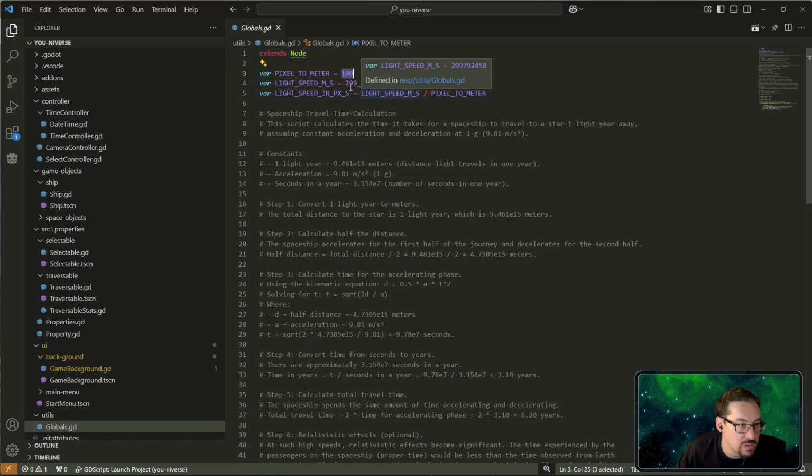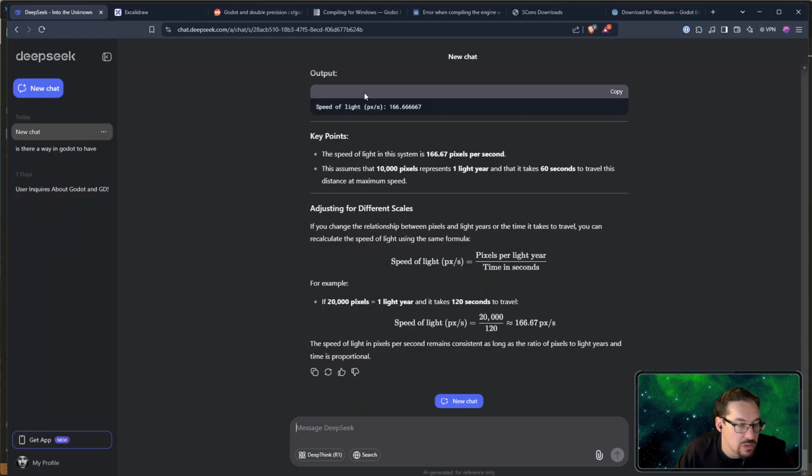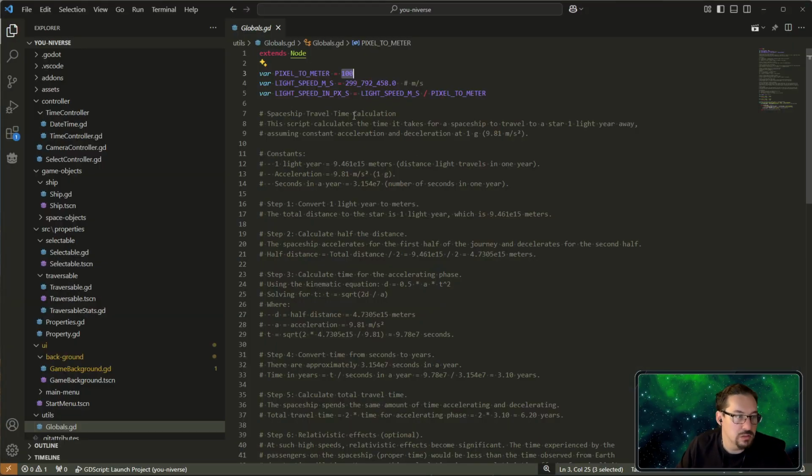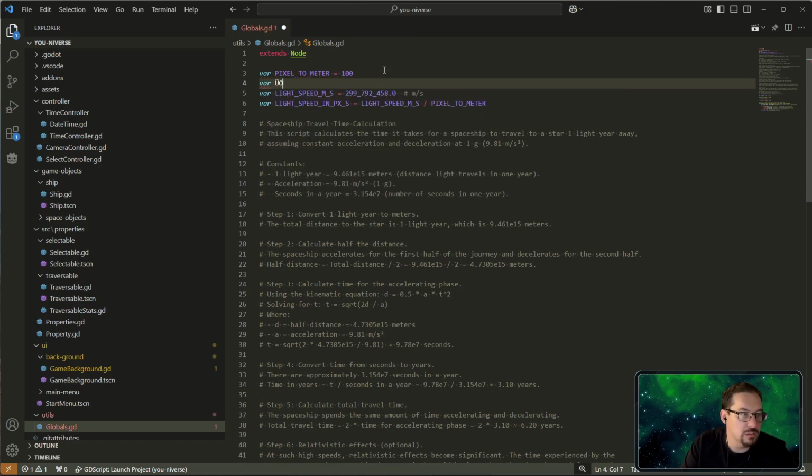So what distance would be 1 pixel? Pixel per light year. Let's say.